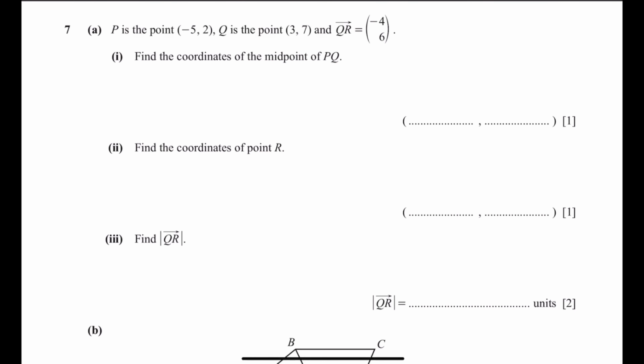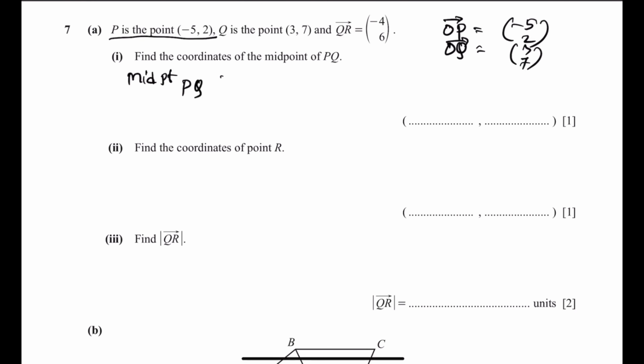P is the point minus 5, 2. So we can write OP equals to minus 5, 2. Q is the point, so we can write OQ equals to 3, 7. We need to find out the midpoint of PQ. So midpoint of PQ, we know that x1 plus x2 divided by 2, y1 plus y2 divided by 2.